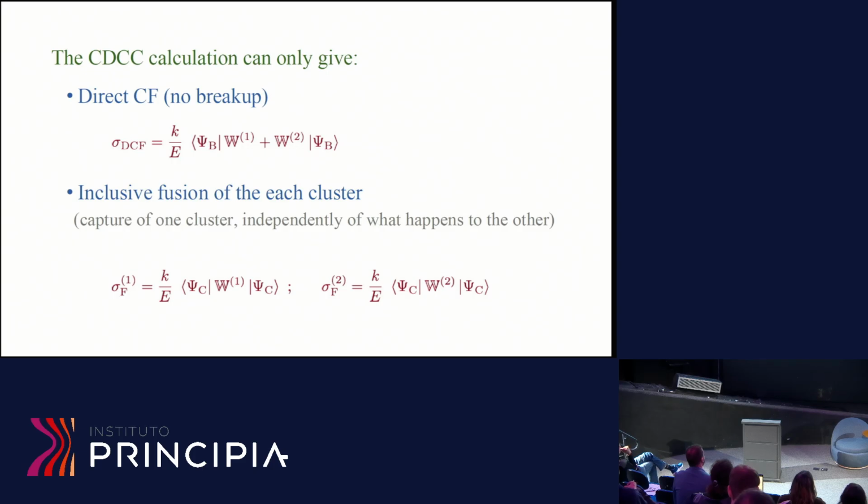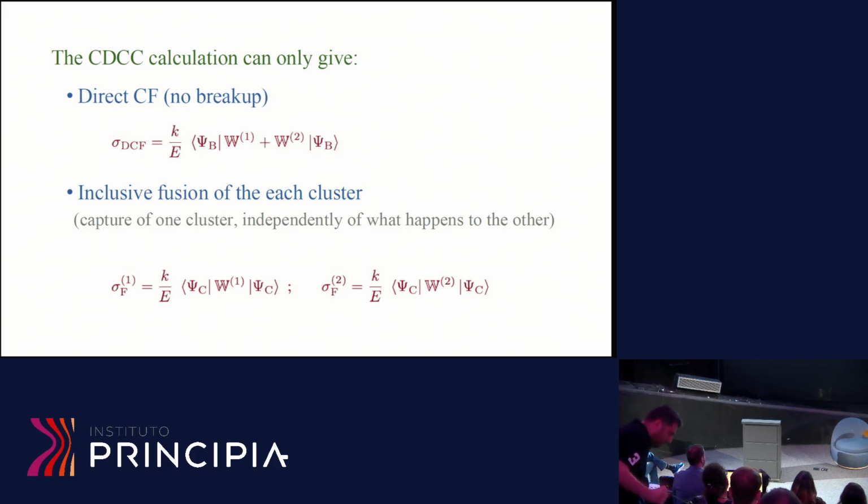With the bound part of the wave function, we evaluate the direct complete fusion cross-section. Since I'm using the wave function of the bound space, we cannot have separate absorption of each fragment. And this gives what I called earlier the direct complete fusion cross-section.